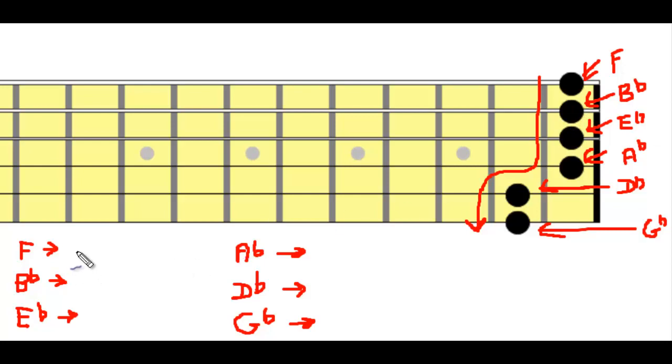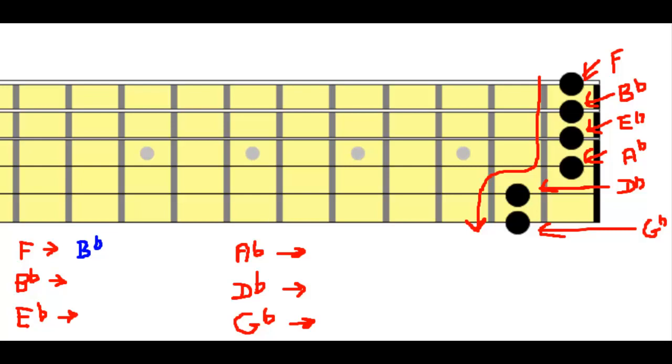So over here I've written all the names of the keys, and right next to it I'm going to write in blue the notes that are flattened in each respective key. So we have the key of F with one flat, that's our first flat key. Remember, we're working across the diagram this way, and the note that's flattened is B flat.